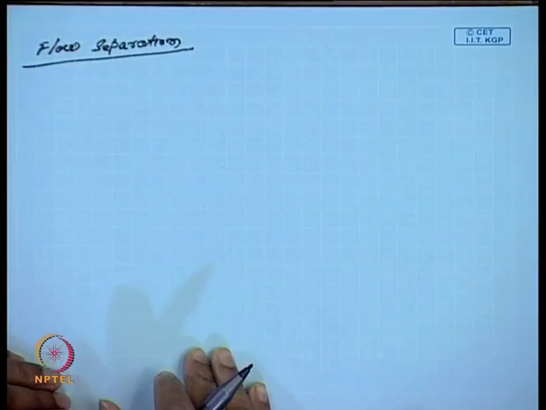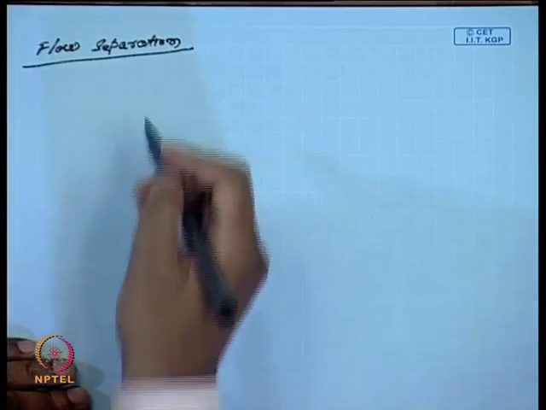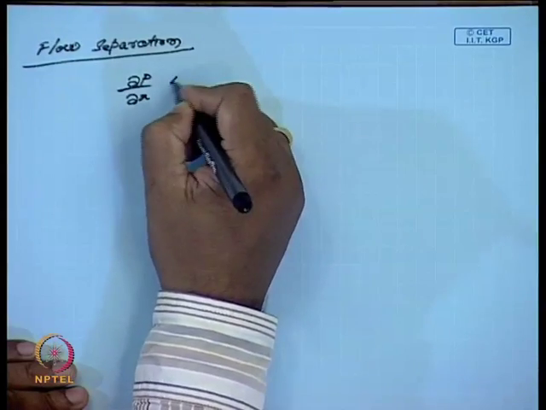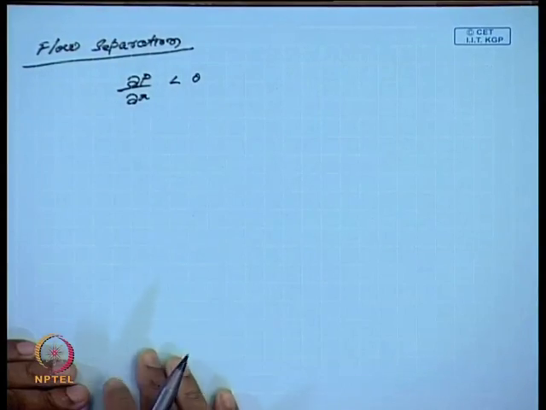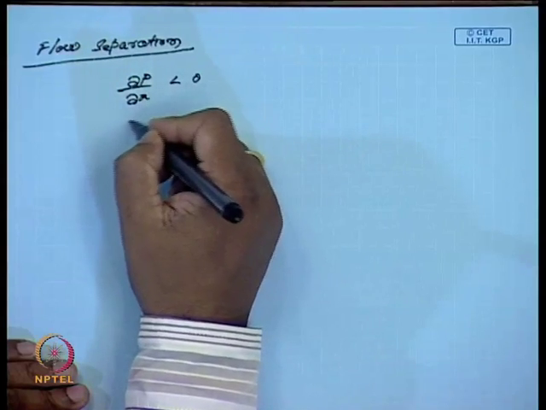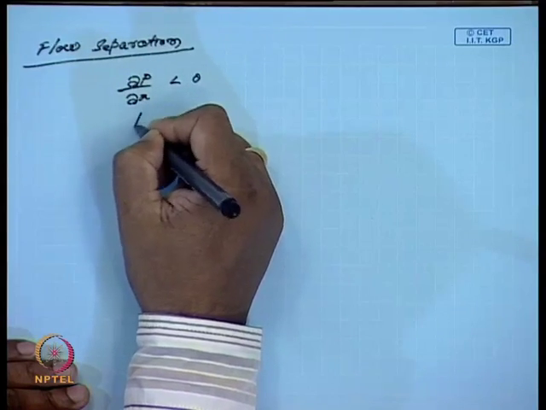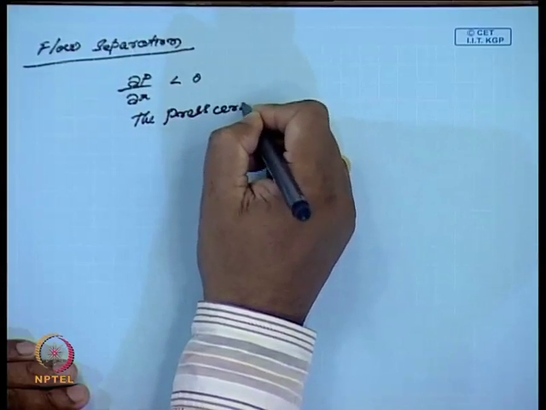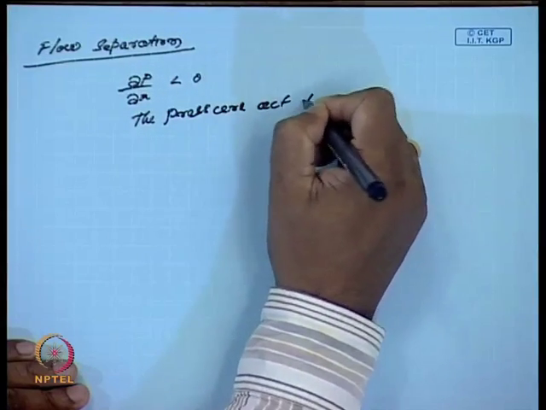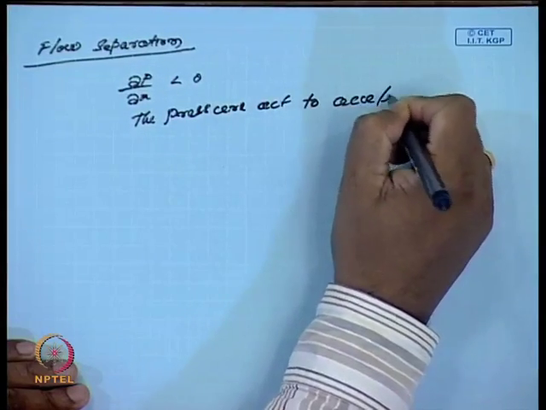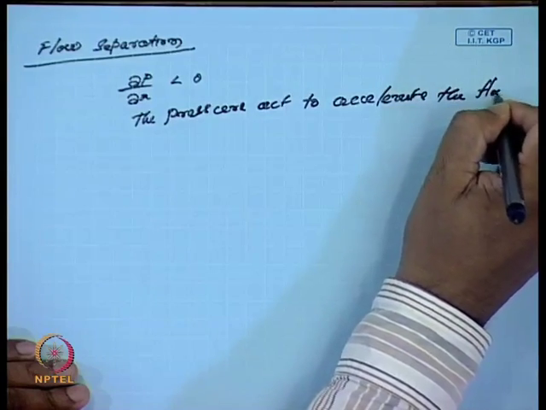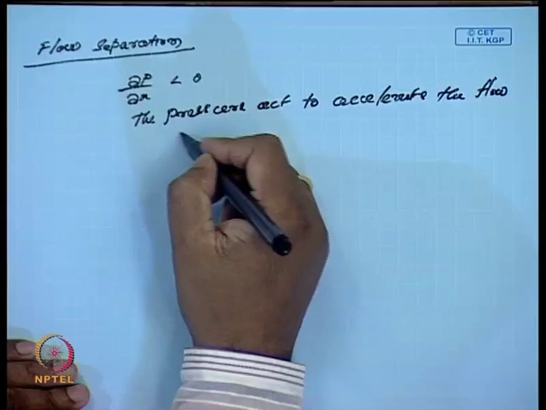when the pressure gradient along a body surface becomes negative, when del p by del x is less than 0, the pressure acts to accelerate the flow along the body.